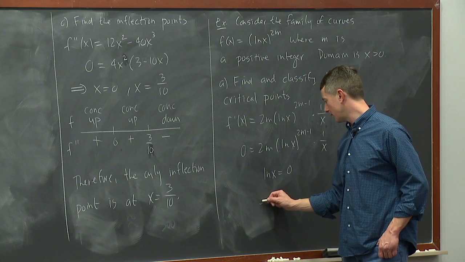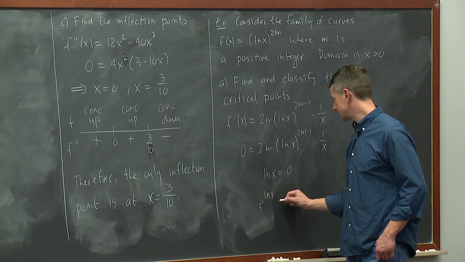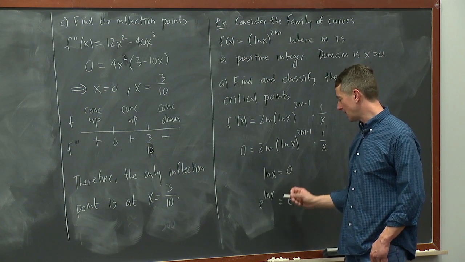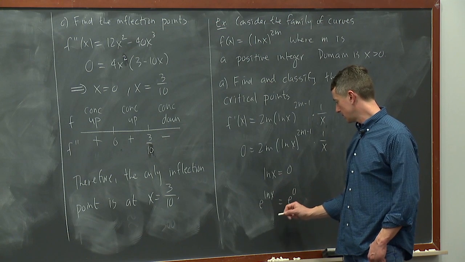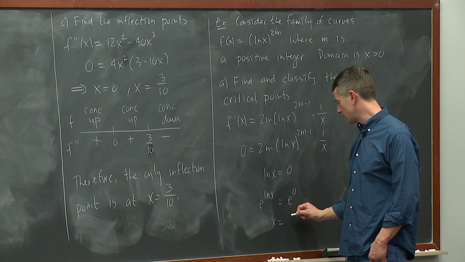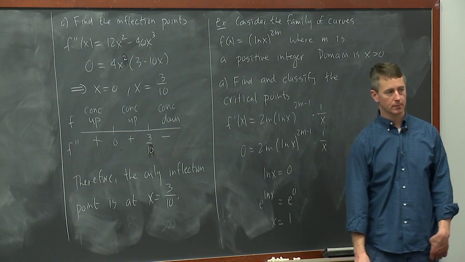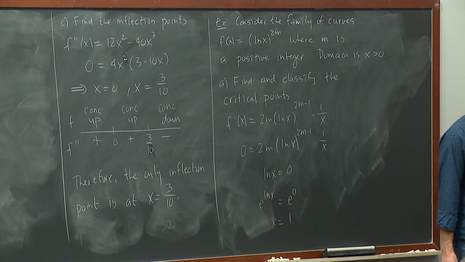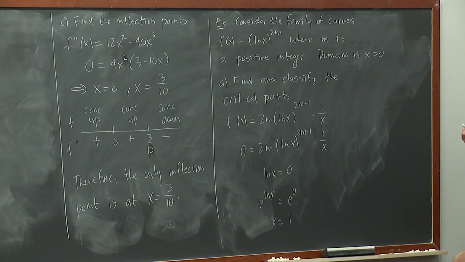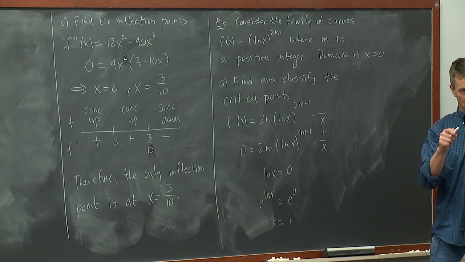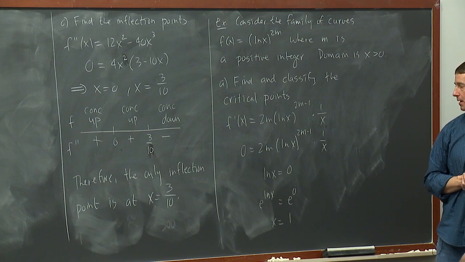So e to the ln of x is e to the 0, because e to the ln of x is just what? x. And what's e to the 0? 1. Right? ln of 1 is 0. Because e to the 0 is 1, so log flips the input and the output, right? So if e to the 0 is 1, ln of 1 must be 0.